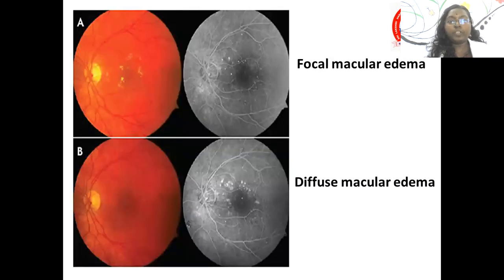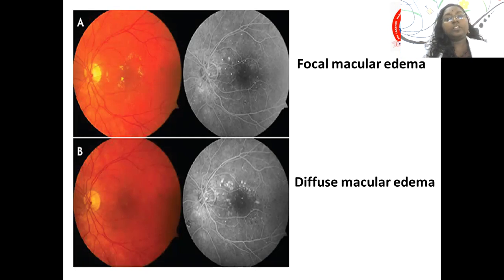So here's a picture showing the fundus and the FFA. Picture A shows focal macular edema. In focal macular edema, you can see hard exudates around the macula. In the FFA picture, you can see whitish spots, that is, hyperfluorescent dots, and in the macula you can see hypofluorescent areas.